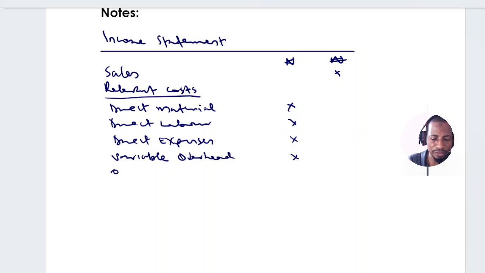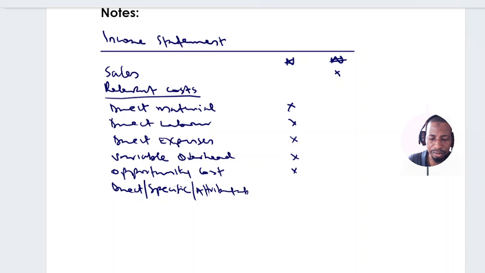You can also have opportunity costs. The opportunity cost is the benefit forgone as a result of taking a particular course of action or as a result of the decision taken. Then you can also have direct, specific, or attributable fixed cost.